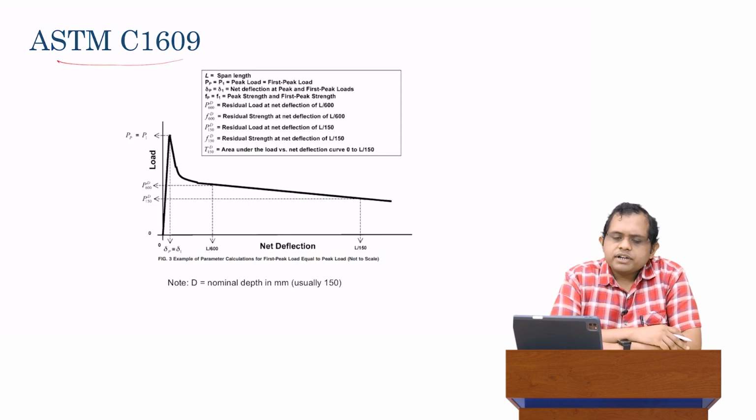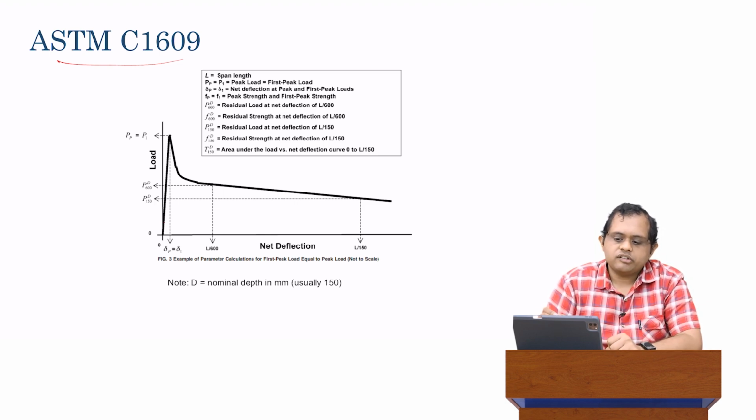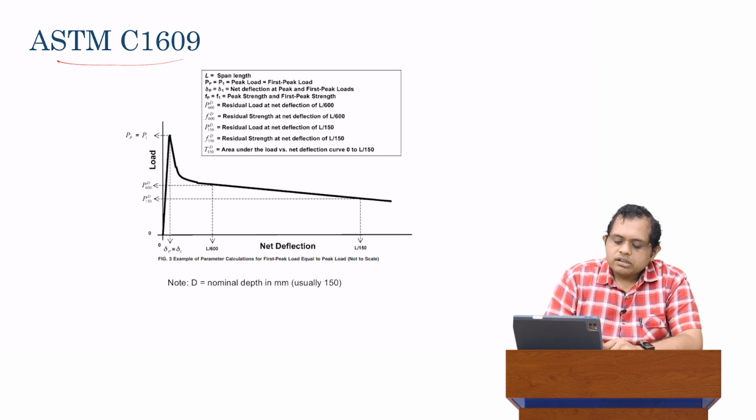All right, so let's look at an example, which I've taken directly from ASTM C1609. Here we have a load versus deflection curve. You could say this is also a stress versus strain curve, but this is more granular data. Initially, when we apply a deflection and look at how much load is required to apply that deflection, we have a more or less linear behavior.